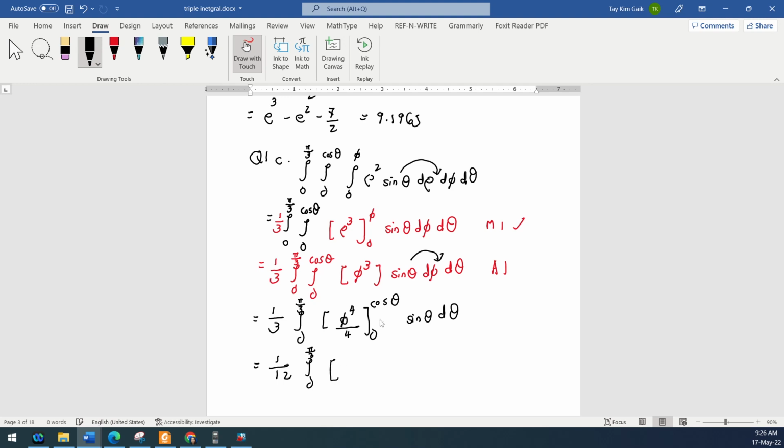And then, so you plug in cos theta into phi. So you have a cos power 4 theta, minus cos power 4, okay, 0, sin theta d theta.